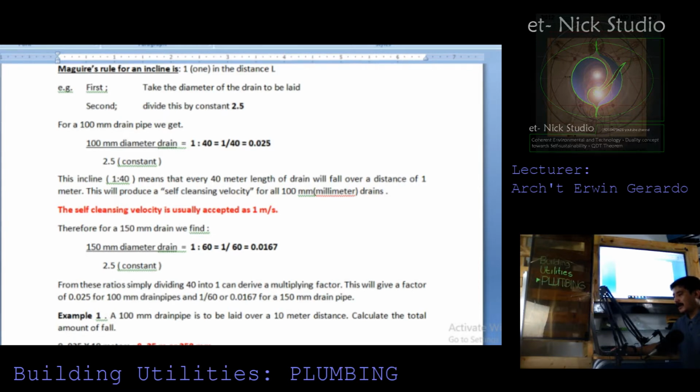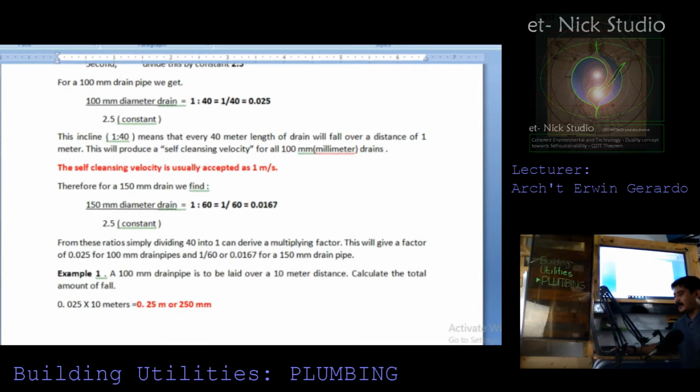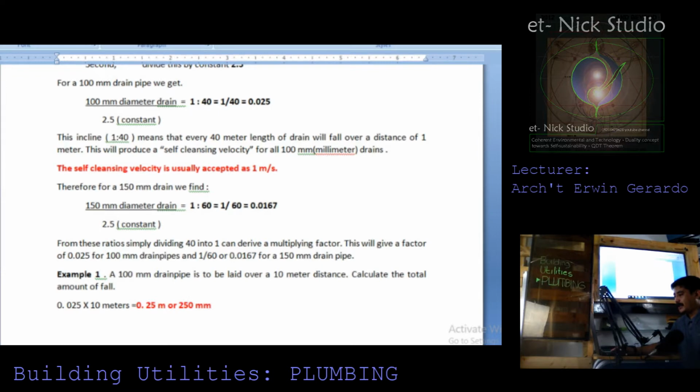Therefore, for a 150 millimeter drain pipe, the first step is we get the diameter of the drain, which is 150 millimeter, divided by the constant, which is 2.5. It is equivalent to 1:60, or simply 1 divided by 60, which is equivalent to 0.0167.